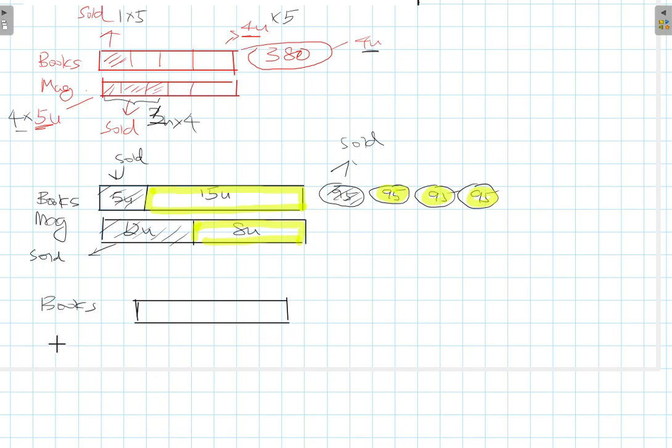And then magazine left. Here you know is 8 units.